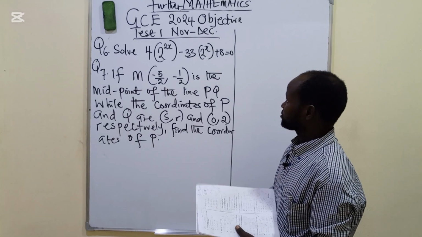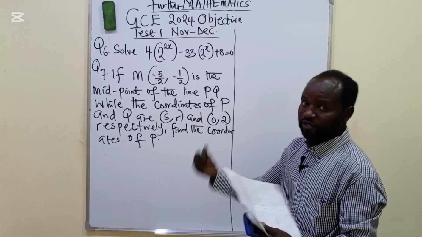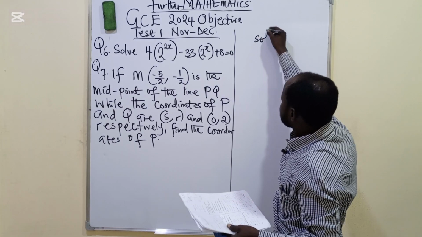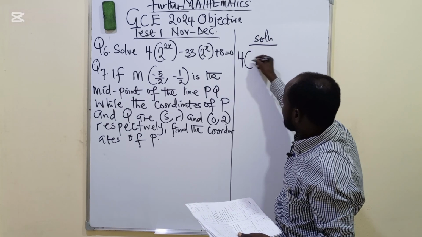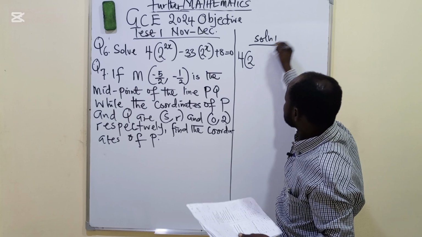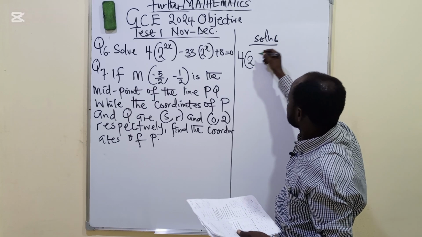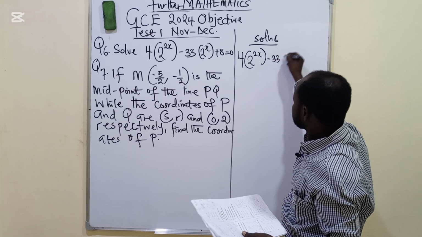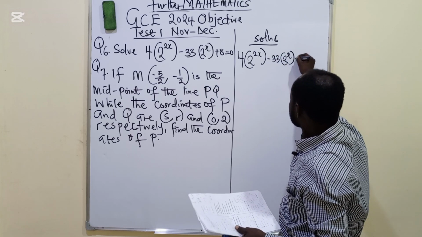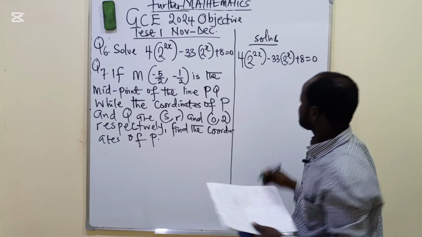Let's write down the solution here. We have 4(2^(2x)) minus 33 into 2^x plus 8 equals 0.